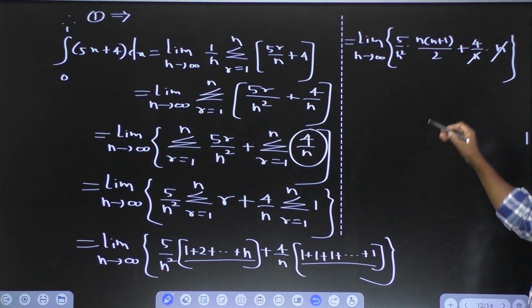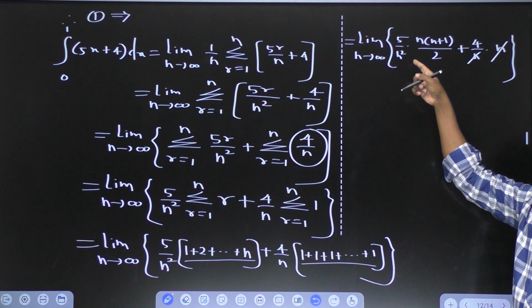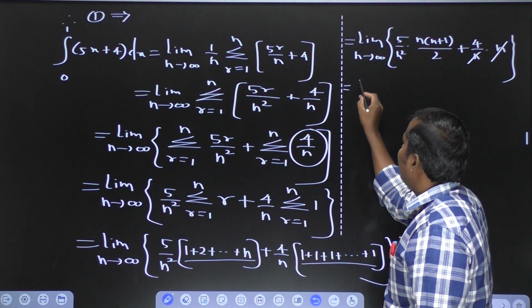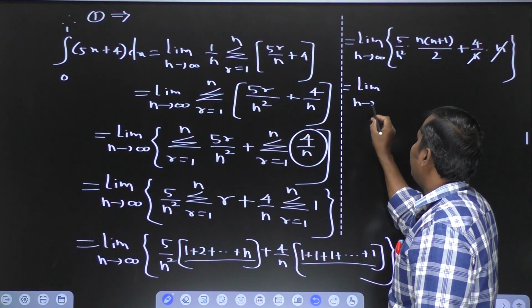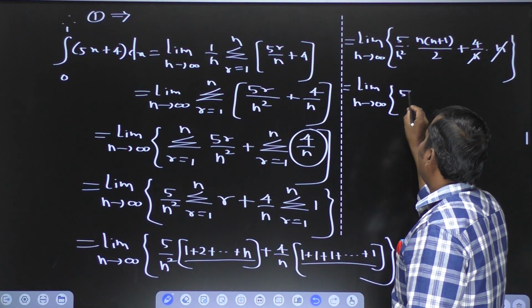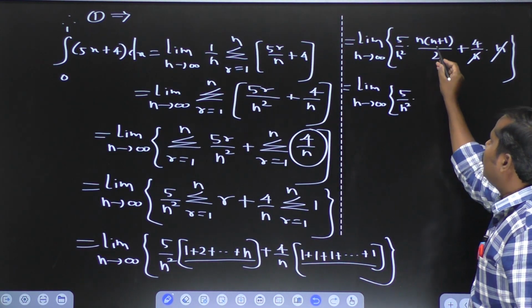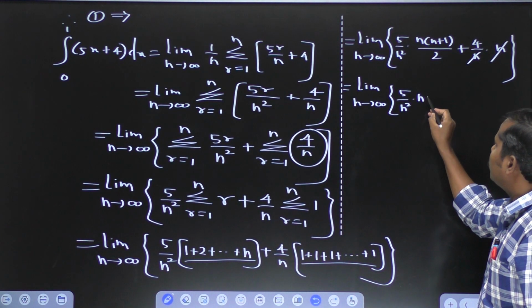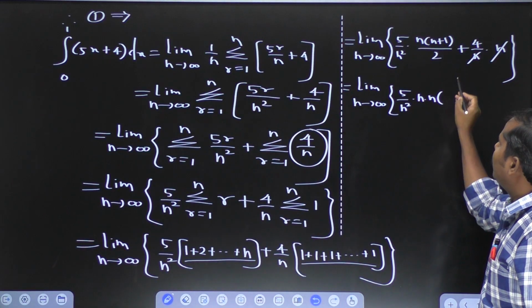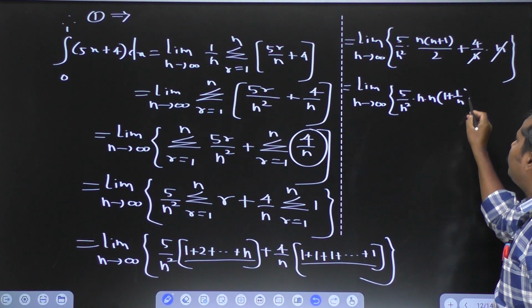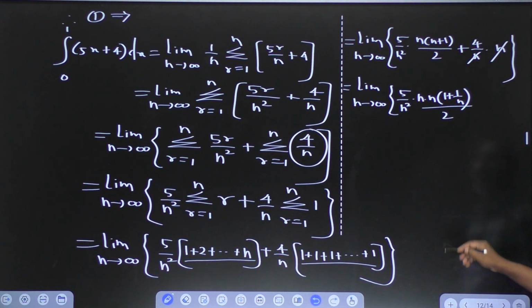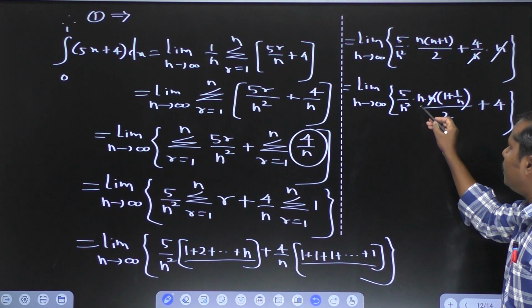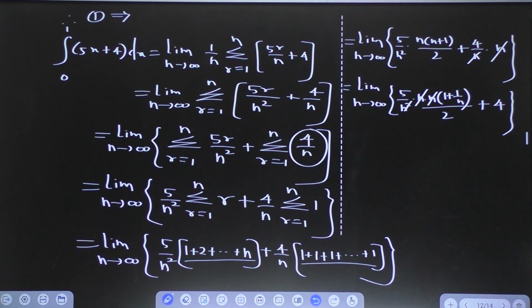Close the entire thing. n getting cancelled. But here n is on the denominator. You should manage to get n squared on the numerator, so that n squared will get cancelled. So limit n tending to infinity 5 by n squared into, already you got 1 and n there, keep it as such. From this factor take n outside. So n into (1 plus 1 by n) by 2, plus 4 is there. Here you see that n into n squared getting cancelled.